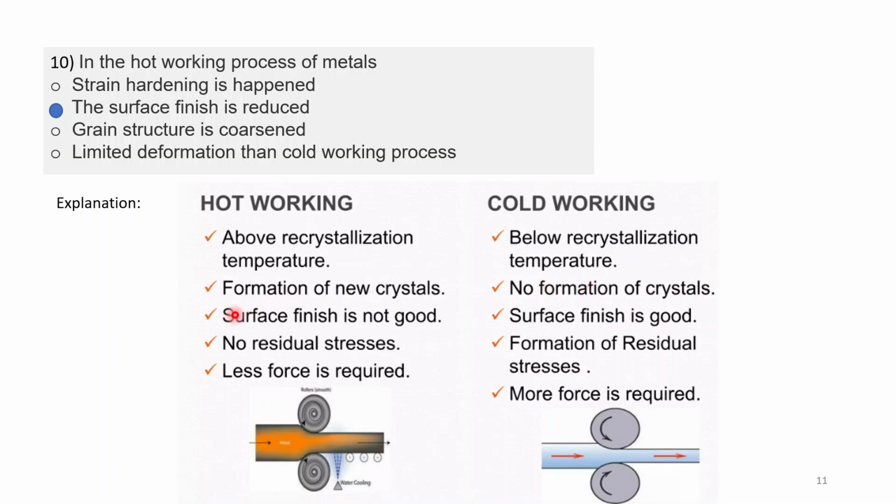In hot working, surface finish is not good, while in cold working it is good. There are no residual stresses in hot working, and in cold working there is formation of residual stresses. Also, less force is required in hot working because at high temperature your material becomes comparatively ductile, so you require lesser force, and in cold working you require more force.